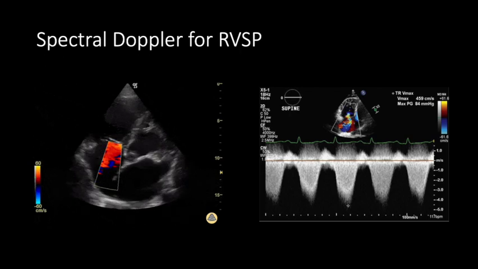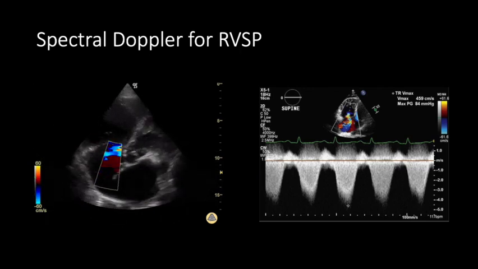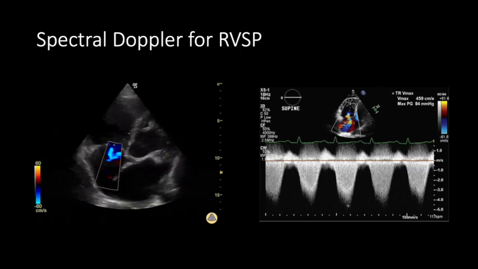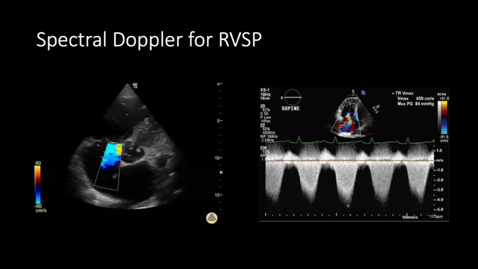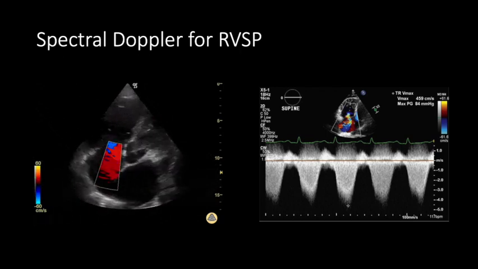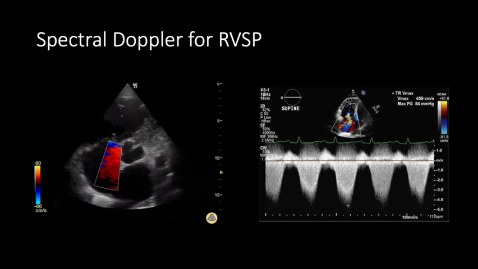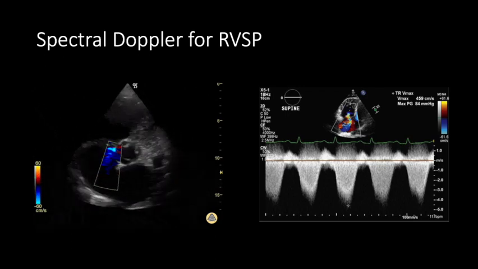When we calculate that pressure, we know the difference in pressure between the right ventricle and the right atrium. Then we can estimate the central venous pressure, which should be equivalent to the right atrial pressure, and add those together to get an overall right ventricular systolic pressure. So basically, it's a way of getting a right heart cath without having to ever stick your patient.